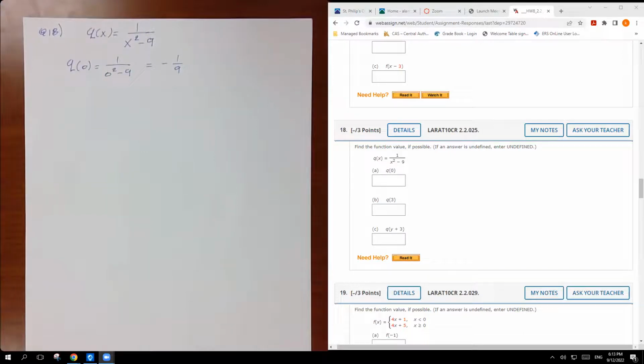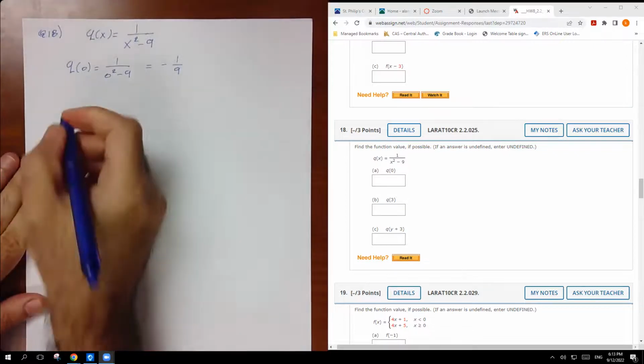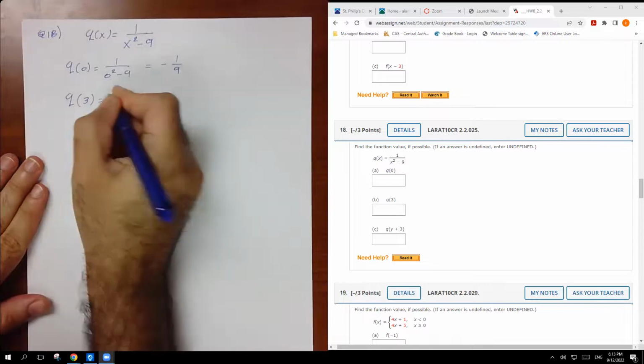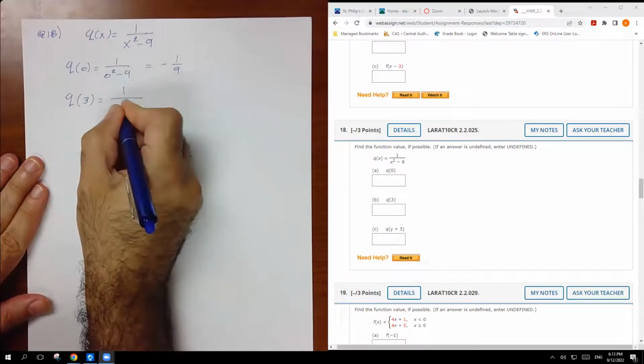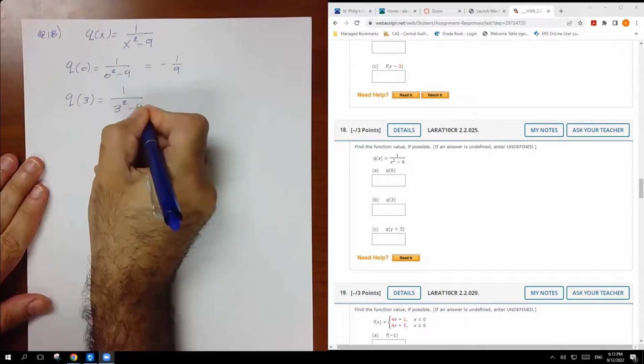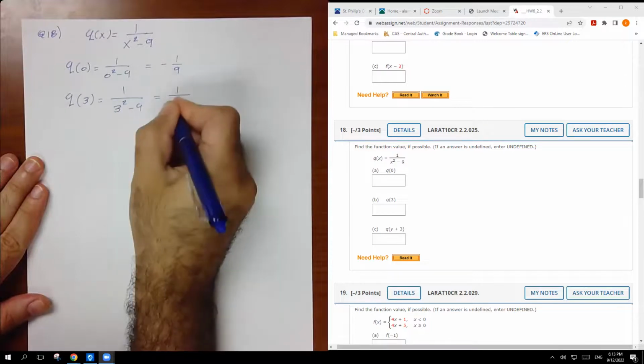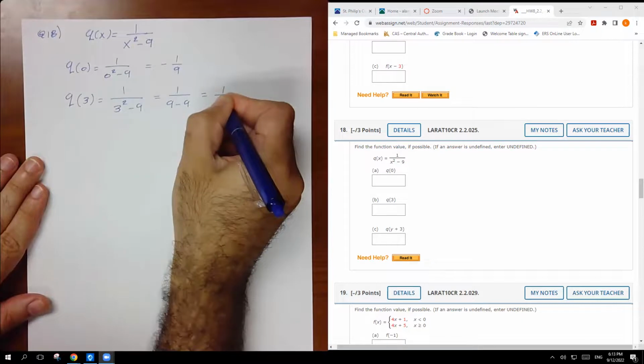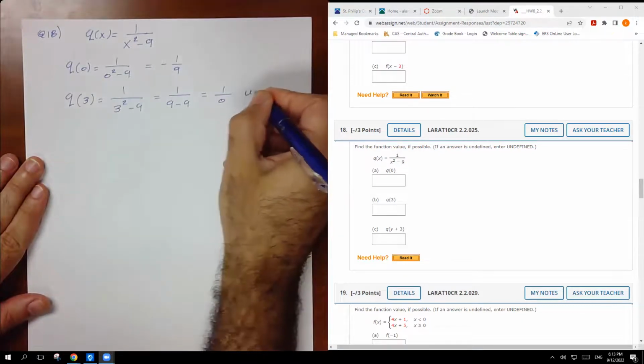Next part, we're going to plug in 3. It says find q of 3. So it's going to be 1 over 3 squared minus 9, which is going to be 1 over 9 minus 9. That's going to be 1 over 0, which is undefined.